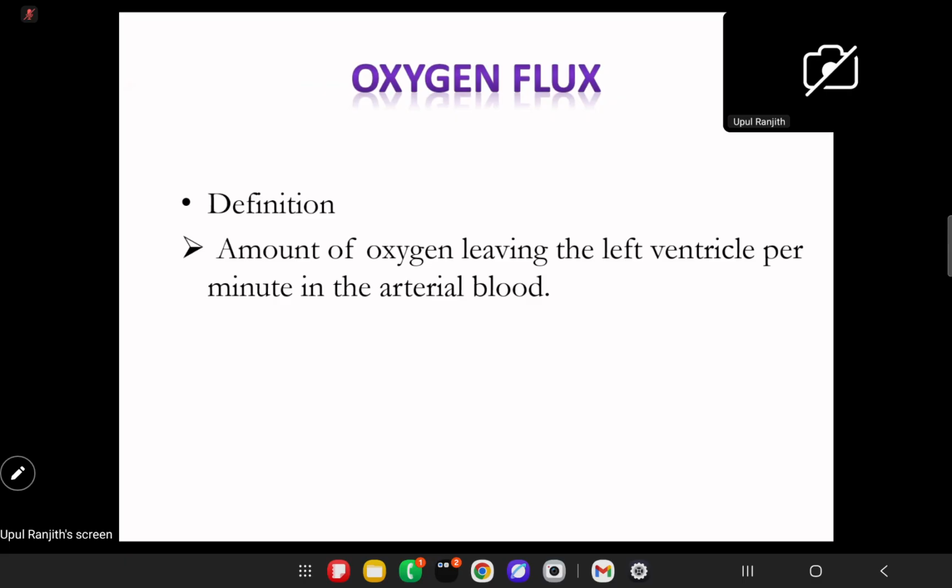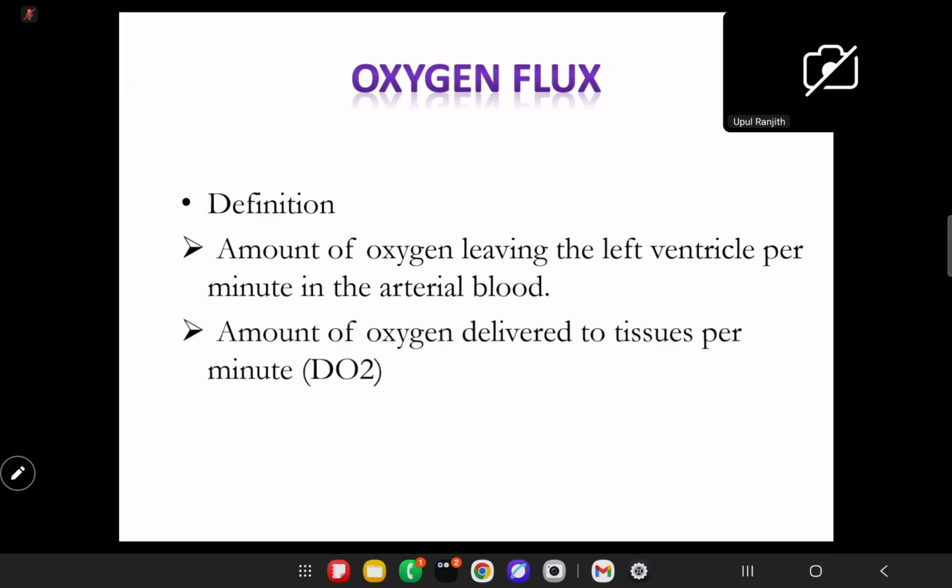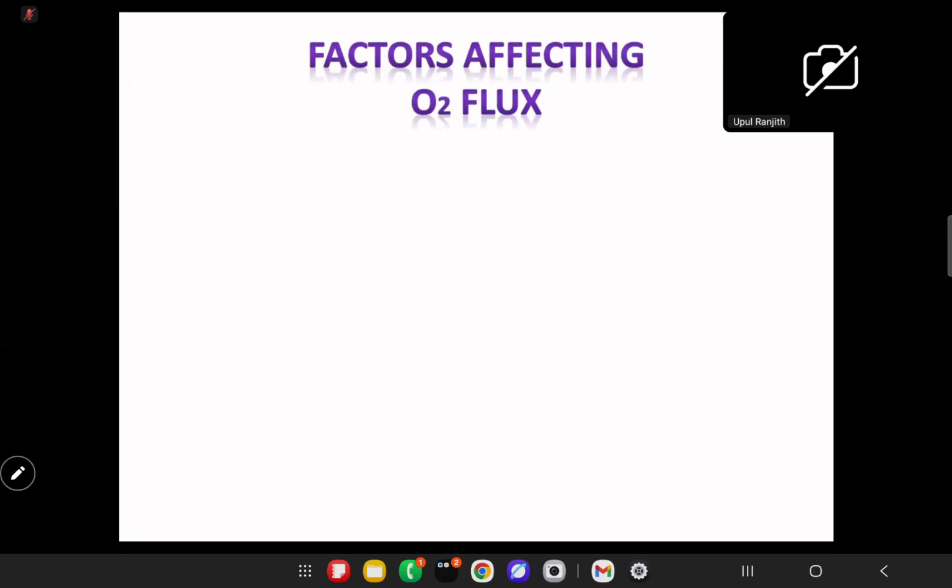There are various other similar definitions: the amount of oxygen supplied to tissues in 1 minute, or the amount of oxygen delivered to tissues per minute. Whatever the definition, they refer to the same concept.